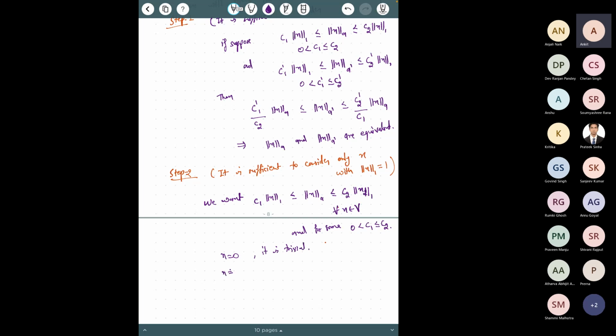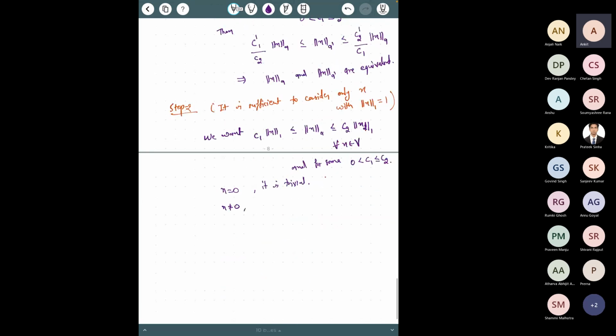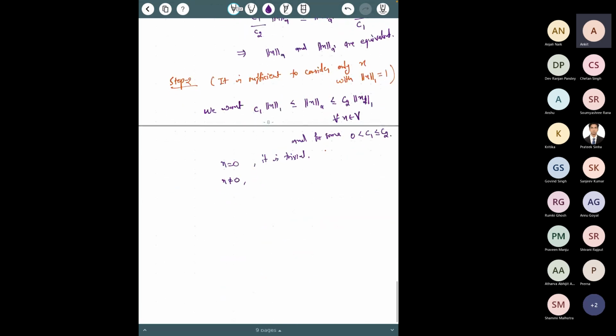But if x is not equal to 0, then what I can do is, since x is non-zero, I will divide x by its one norm. The one norm is the norm which I have defined here. So if I do that, then on the left hand side I will get only C1, and then this thing, where u is x divided by its one norm, right?